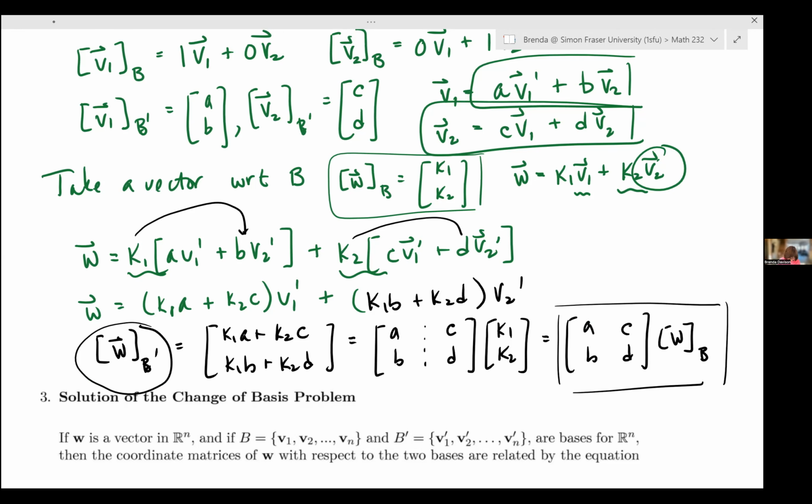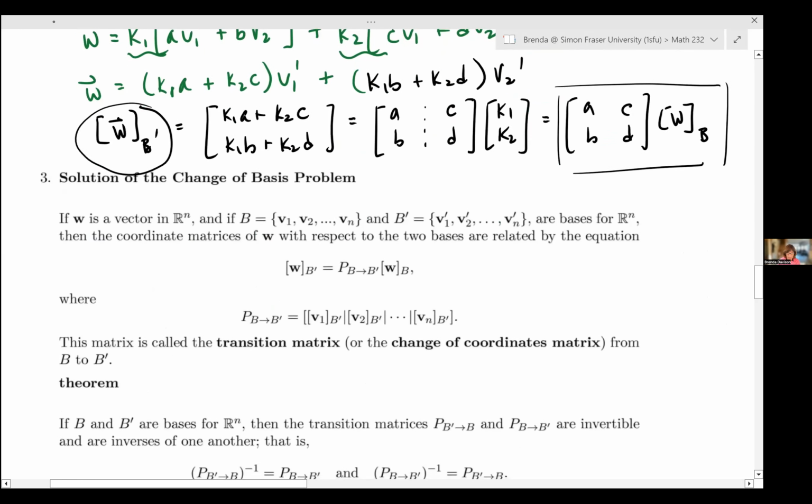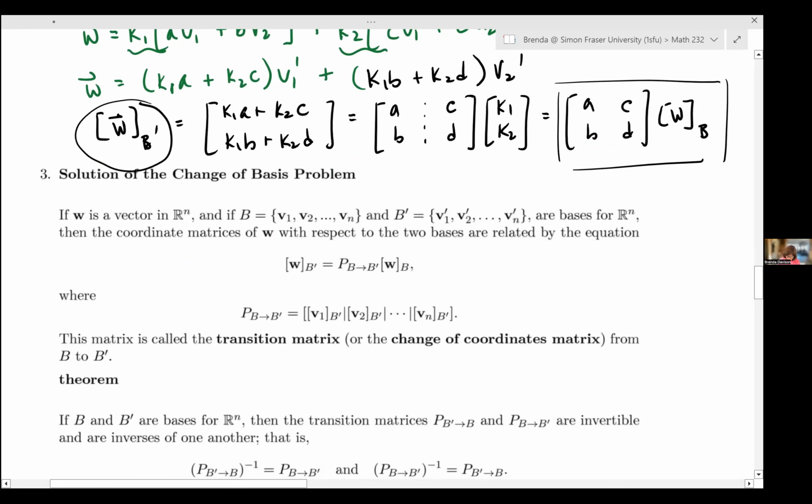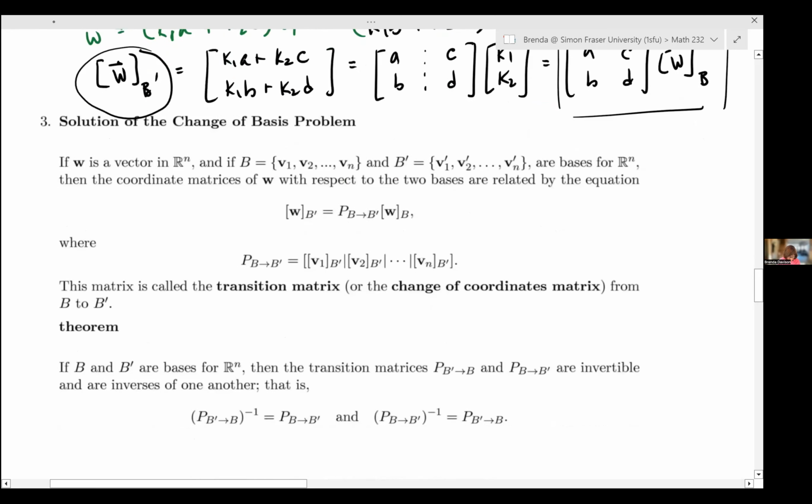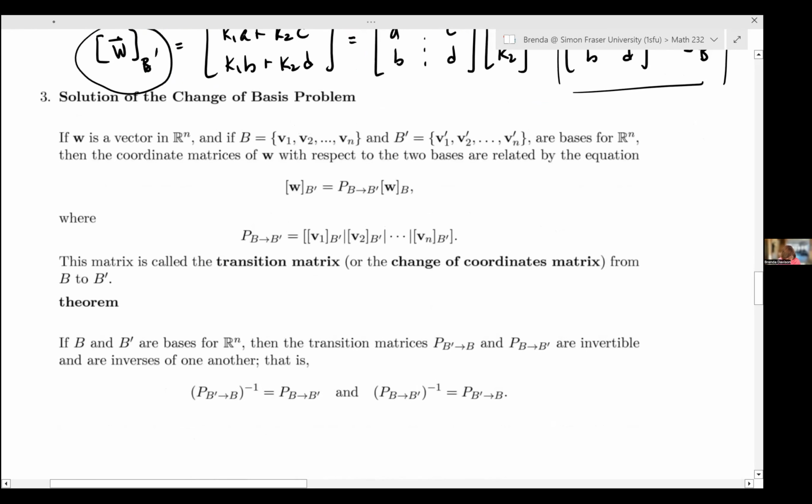Okay, so here, let's just have a statement of the change of basis problem, and then we will go through an example. We have a vector in Rn. We have two different bases: an original basis, B, and a new basis, B prime.